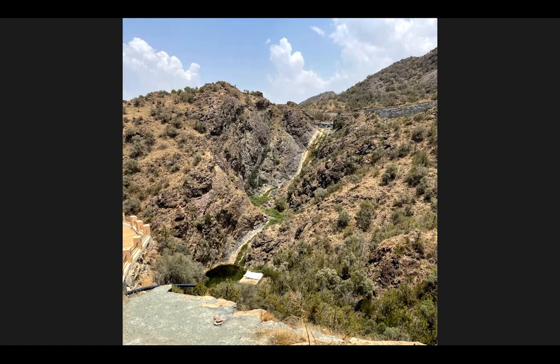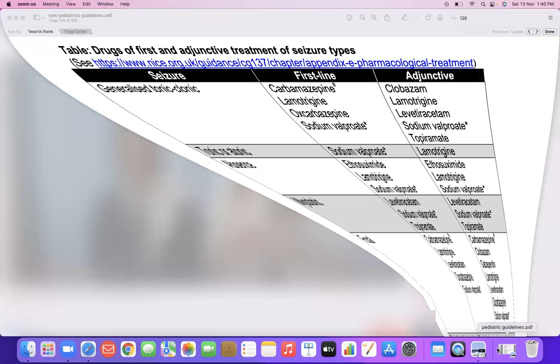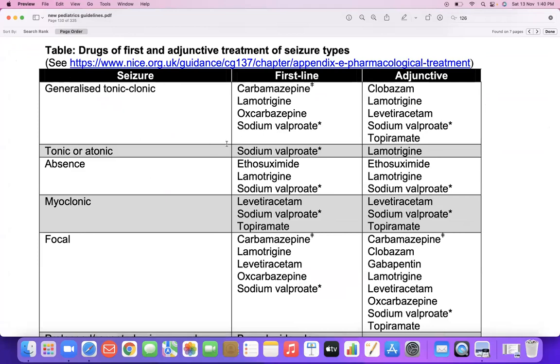Yeah, you are right. No need to remember all the medications, but at least the first line and the first one, and for girls, what is the option? I think this much at least we have to remember. Also, carbamazepine is probably contraindicated in absence. That's why. So if you are considering absence and then absence with focal, I think lamotrigine is the best choice.